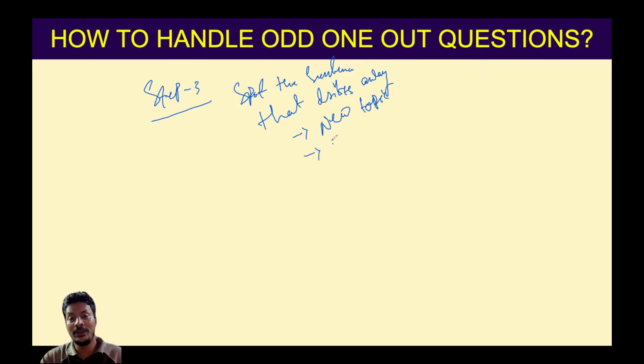Or maybe an opposite tone: all four sentences present a positive tone, but the fifth sentence introduces a new or opposite tone. Or maybe four sentences are going in one direction and the other sentence goes in a different direction.